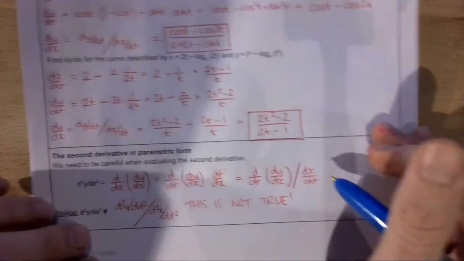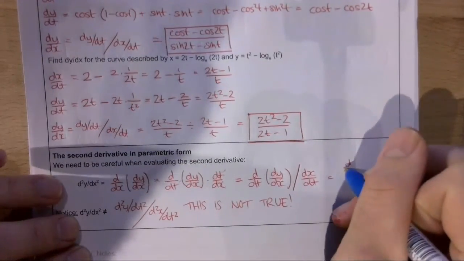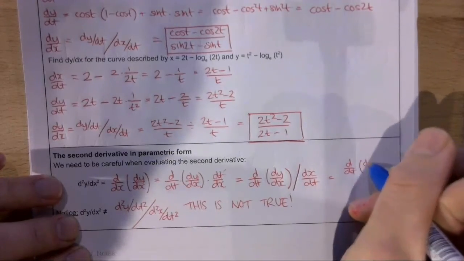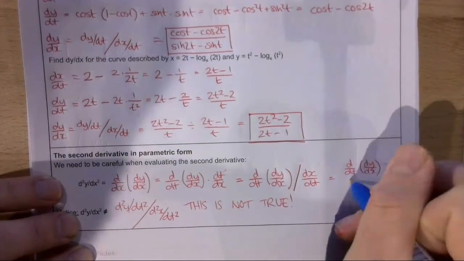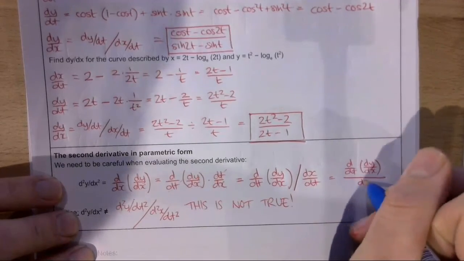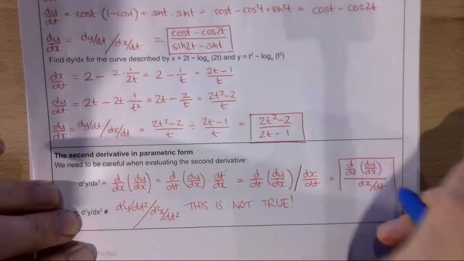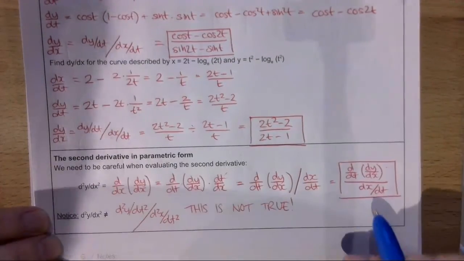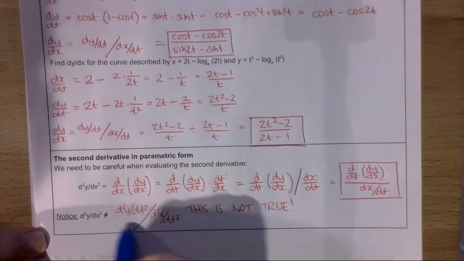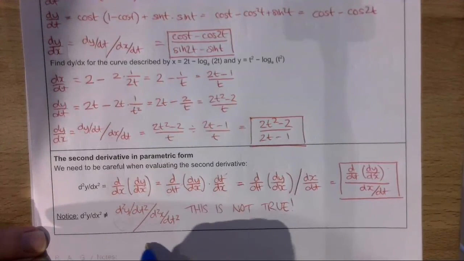If that's not clear enough way for you to write it, then write it as a horizontal fraction, d by dt of dy by dx divided by dx by dt. And that is your form for the second derivative. You can't just do this.